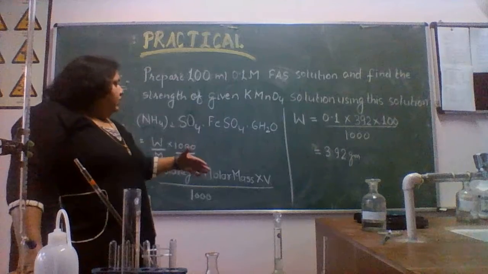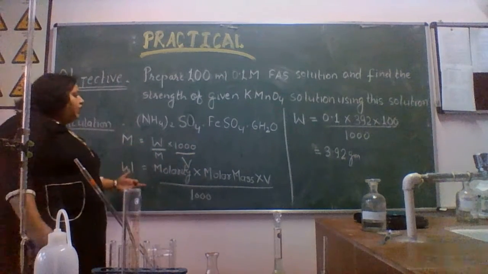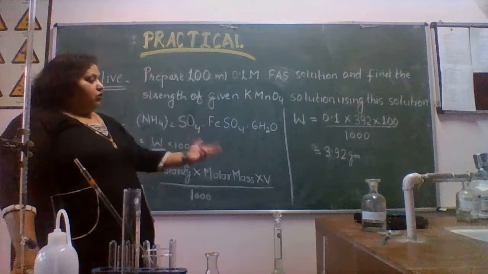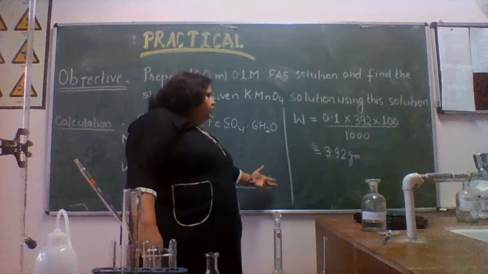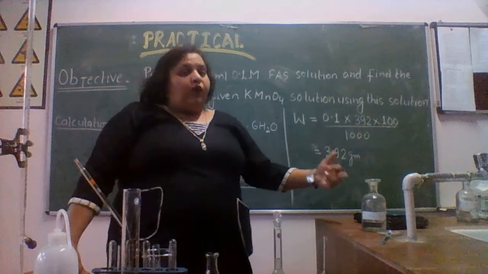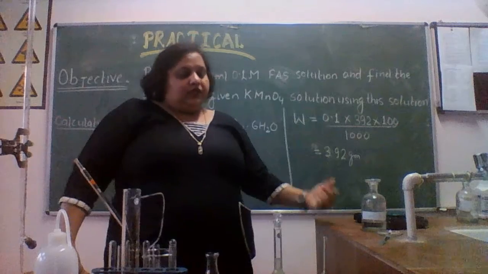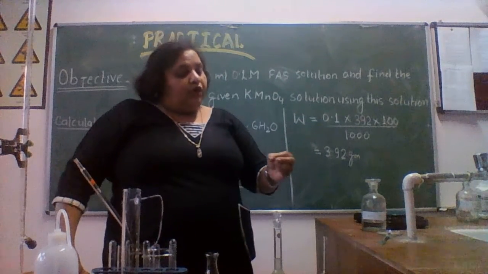In the first part, with the help of this molarity formula, I first calculated the mass that is to be dissolved. Then I weighed it with the weighing machine and transferred the salt into the volumetric flask.